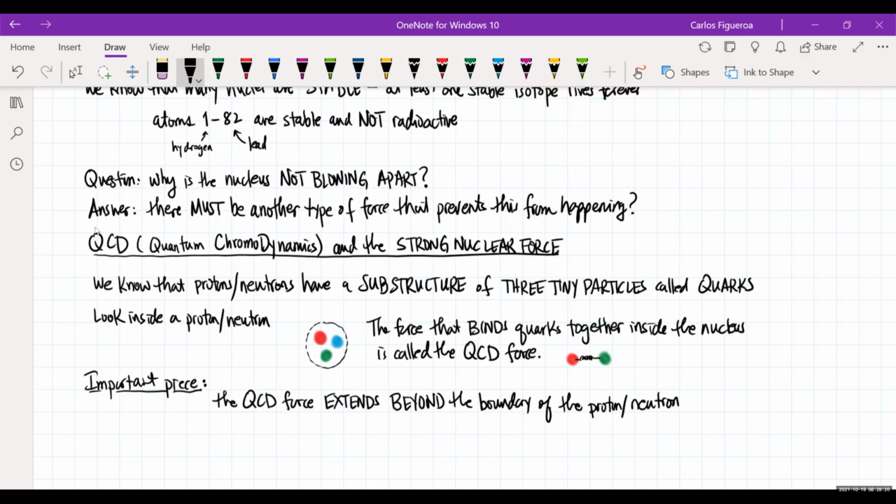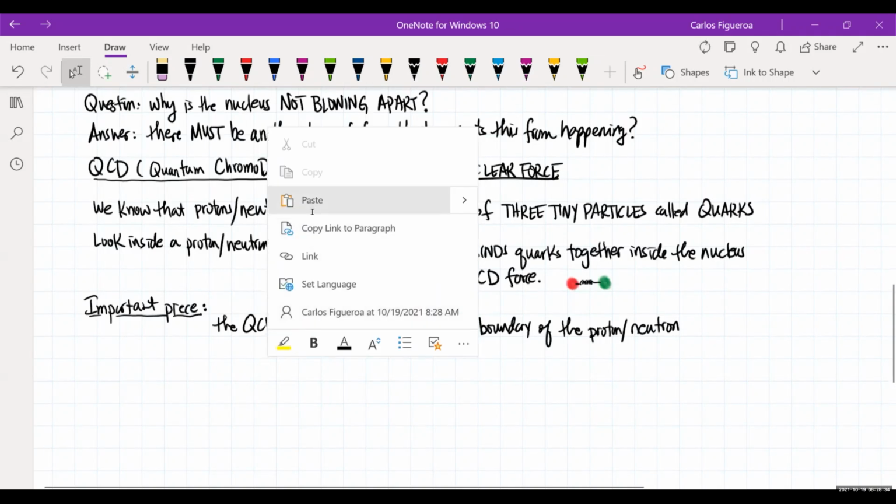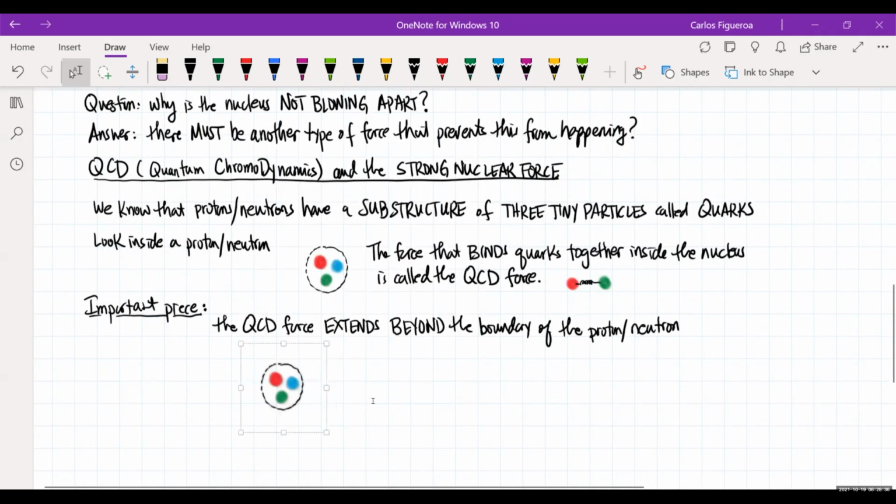So when I look at the QCD force, and let's say that I have my proton neutron again. If I look at that, here's what I see. I'm going to say that the yellow color represents the QCD force.